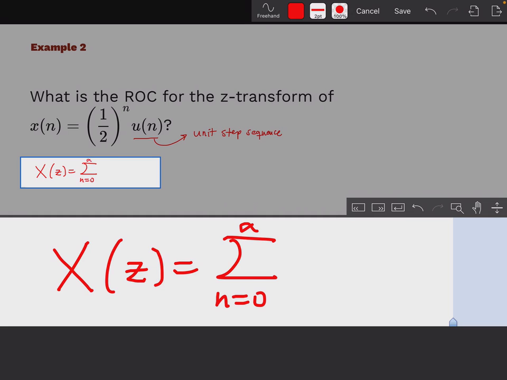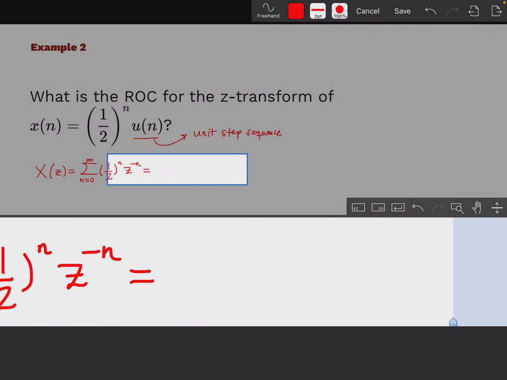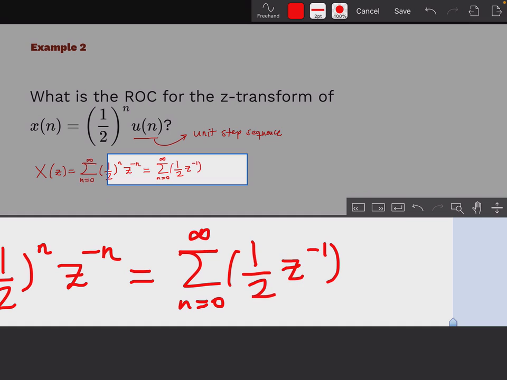Writing the direct Z transform, (1/2) to the power n times z to the power minus n, we can put these two terms together and get the sum from n equals 0 to infinity of ((1/2) z to the power minus 1) to the power n.